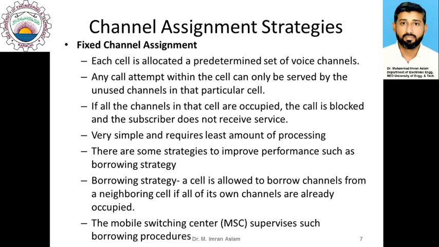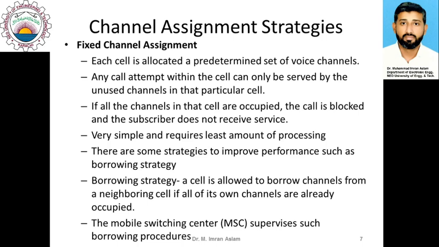If a user attempts to make a call in that particular cell, the base station picks a channel from the already allocated voice channels and establishes the call. If all the channels in that particular cell are occupied and a call attempt is made, in that case the call will be blocked and the subscriber will not get any service.